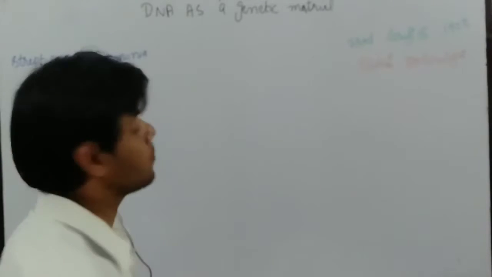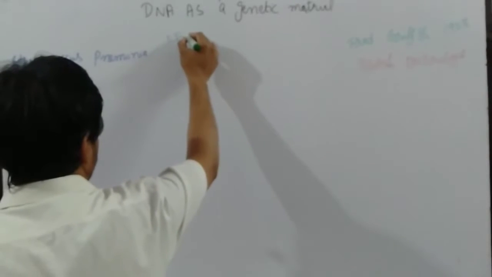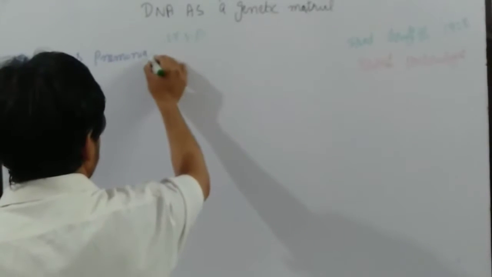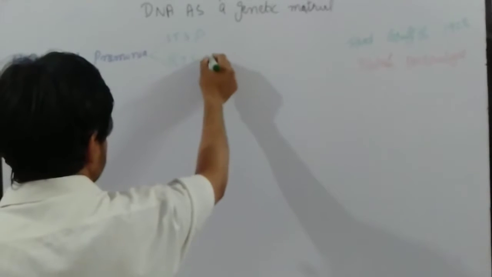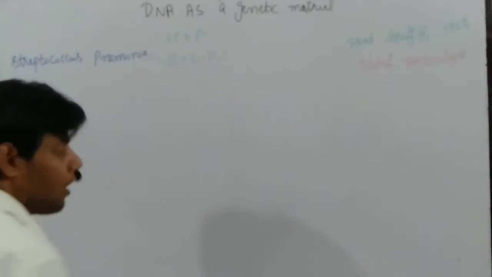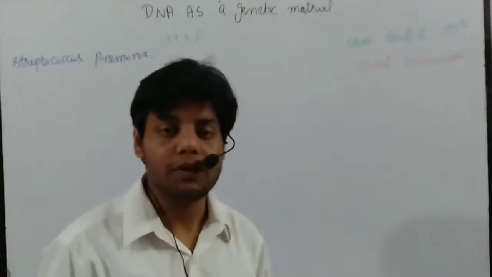One is the smooth type, and the other is the rough type. I write it in short form: S means smooth, T means type, S means strepto, and P means pneumoniae.